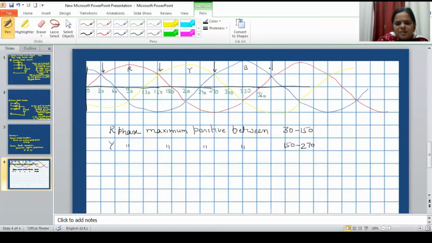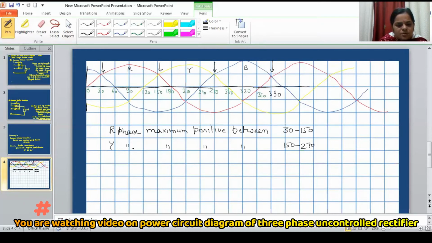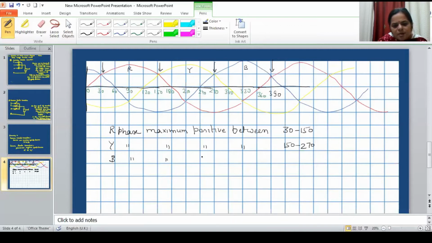And the B phase is maximum positive between 270 and 390, and 390 I can write as 30. Okay, so these are the maximum positive durations.